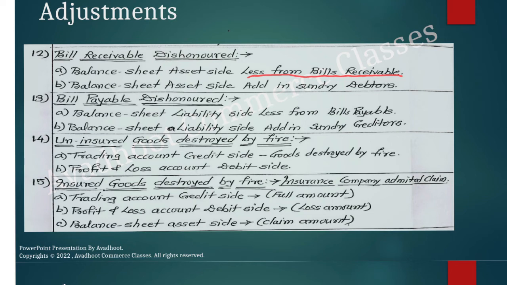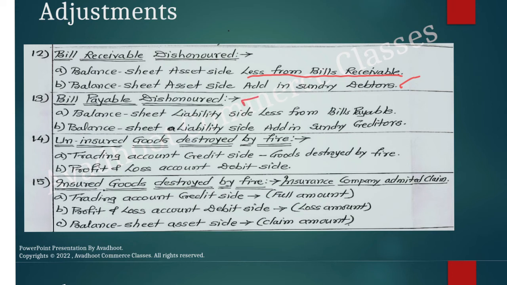Whenever the receivable is reduced, your debtors are going to be increased. Therefore, we'll have to add in the sundry debtors prior to bad debts, and RDD is to be deducted from debtors. Bills receivable dishonored has two effects, both on the balance sheet asset side: less from bills receivable, and add in sundry debtors.